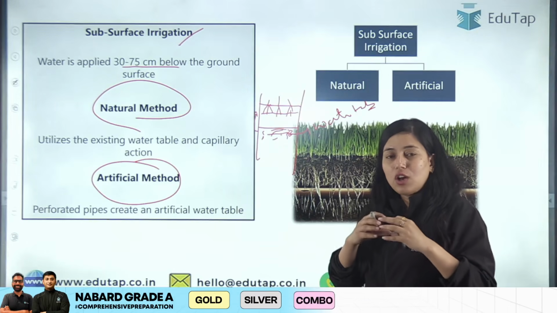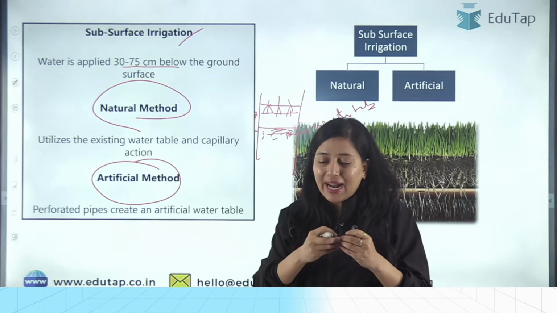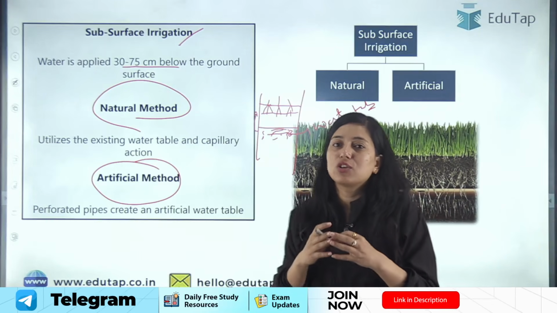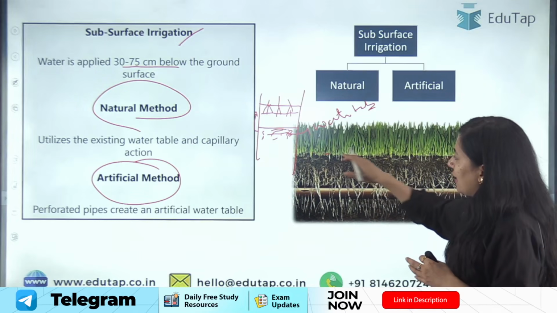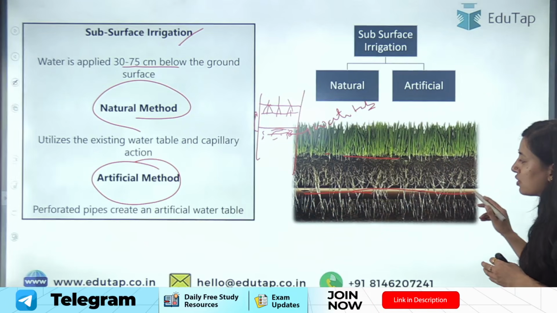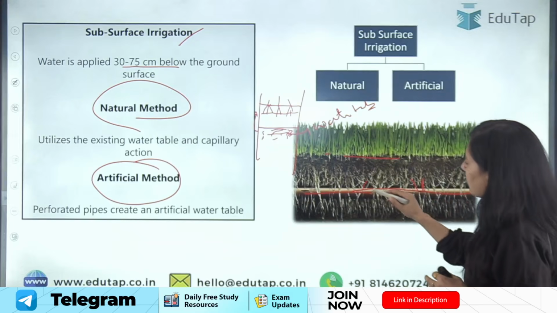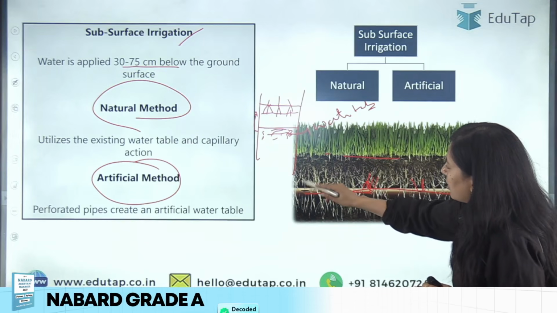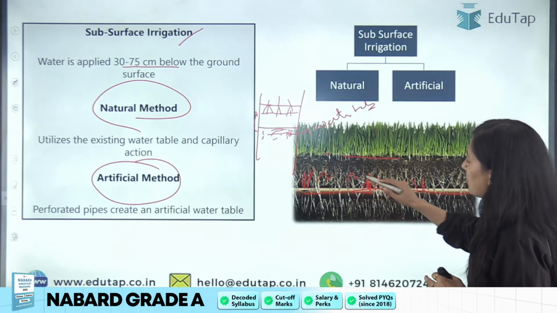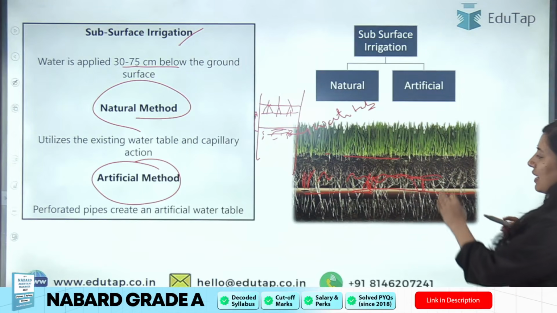We will install pipes or some kind of structure at the subsurface level. We are not irrigating the surface, rather we are irrigating the subsurface. You can see this pipe is installed at the subsurface level, and from this pipe water is allowed to flow, and the plant roots come in direct contact with water.